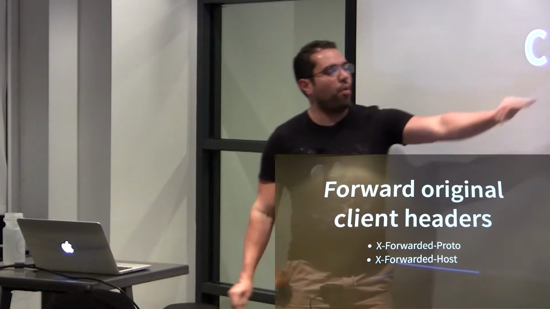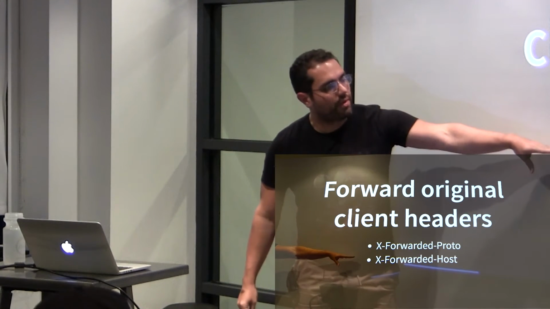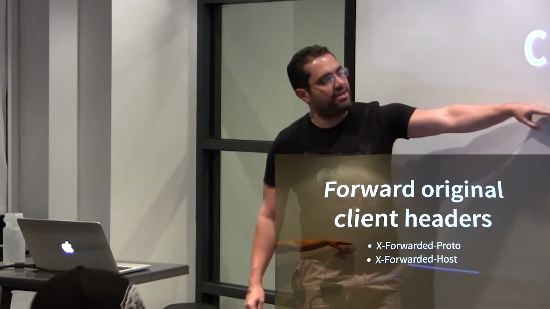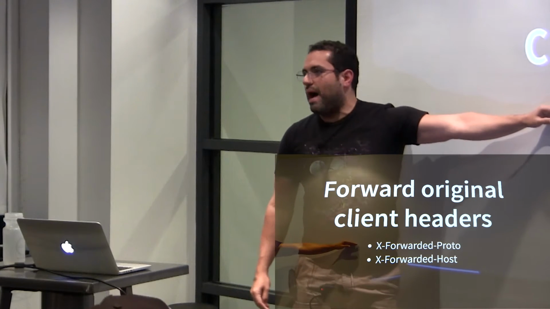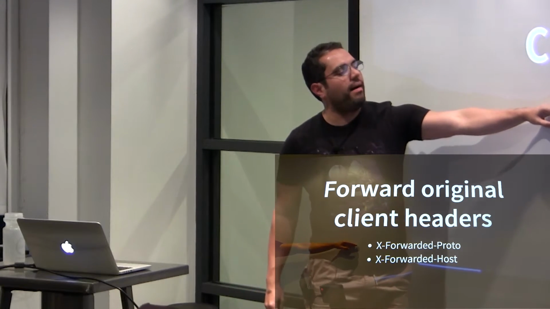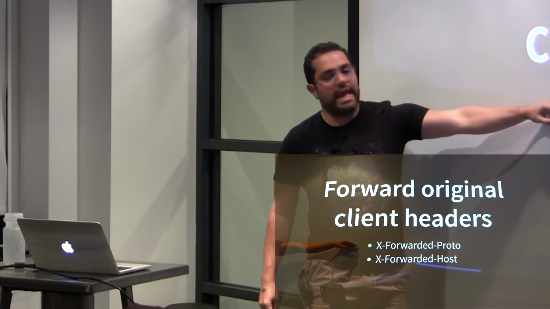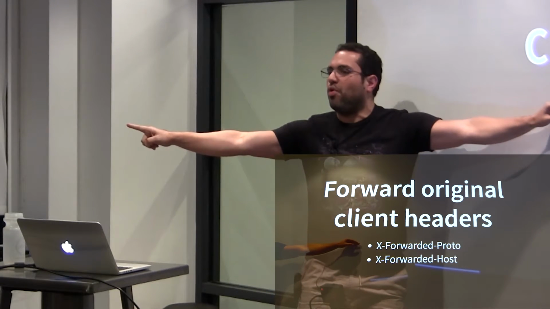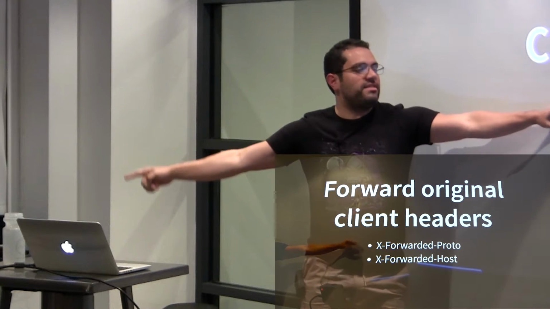This is the X-Forwarded-Proto, X-Forwarded-Host. This is the information for the protocol that arrived. So if you got a request on HTTPS, and now you're sending this request over HTTP, you can send this information.